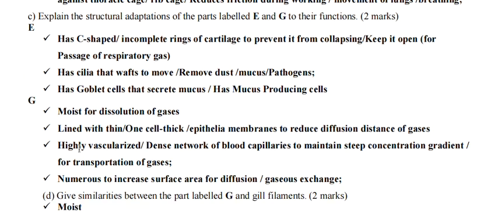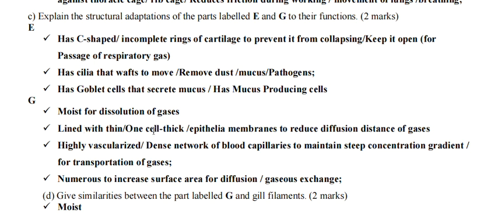Then part G, which is the alveolus, it is moist for dissolving respiratory gases. Apart from that, it is highly vascularized, which means a dense network of blood capillaries to maintain a steep concentration gradient for transportation of gases.